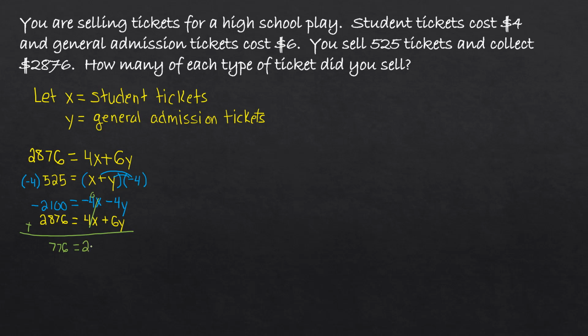On the right-hand side, I'm left with 2y. To undo the fact that y is being doubled, I'm going to divide by 2 on both sides of my equation. My result is 388. To find the second variable, I'm going to substitute my value for y back into one of the equations in my system.